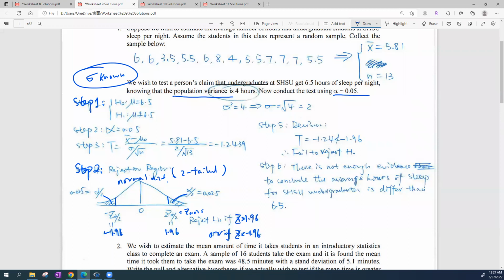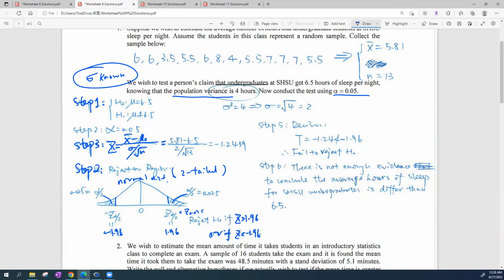That's step 2. And step 3, we're going to calculate the test statistic. So sigma known, so it's a z test. So that's x bar minus mu naught over sigma over square root of n. So x bar is 5.81, mu naught is the mu when null is true.